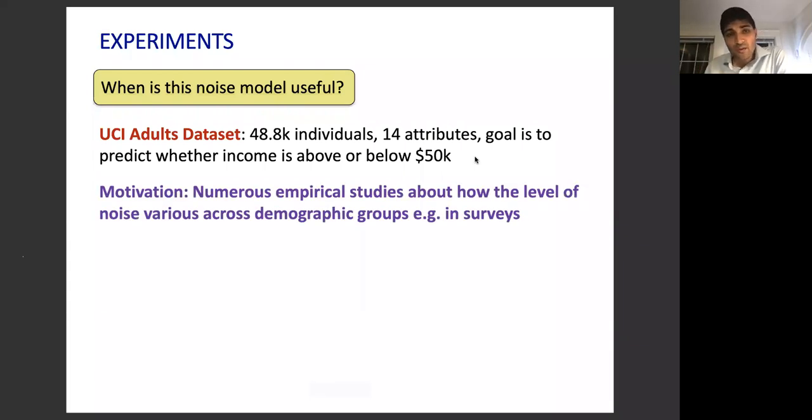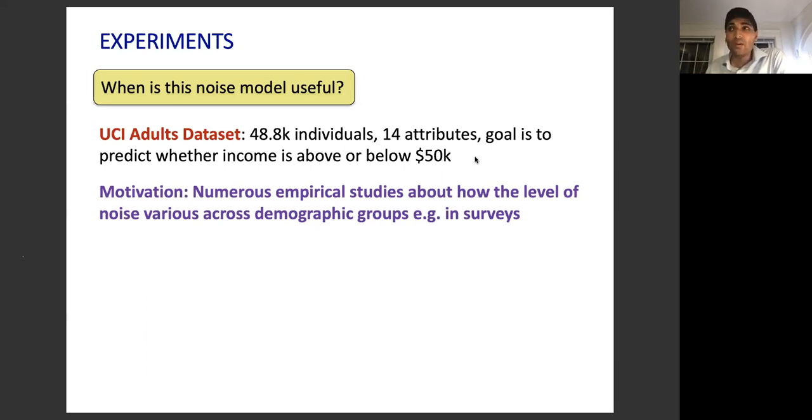What we're going to do is a little bit weird here. We're going to take this data set and inject our own noise, just to understand how robust or brittle some of the standard algorithms that we know and love really are. One of the motivations for these kinds of experiments is that there's tons of social science literature, empirical studies about when and why the noise level varies across different demographic groups.